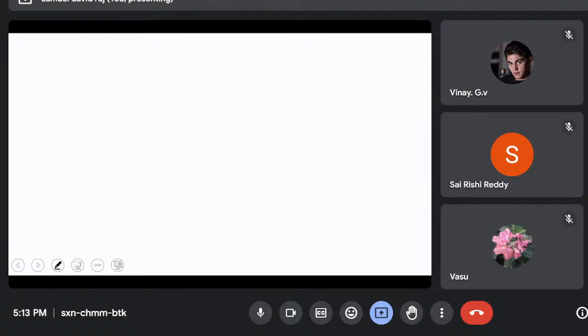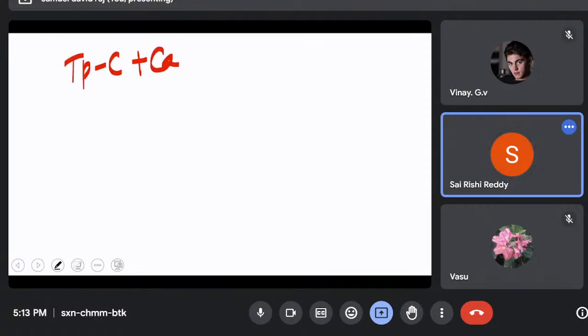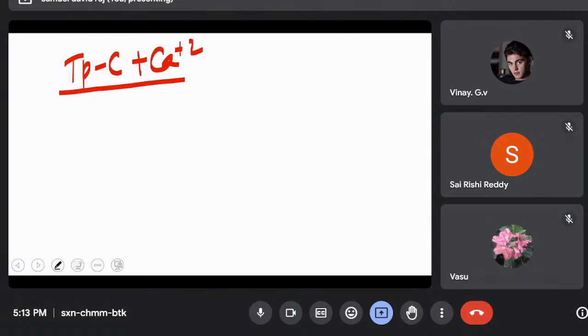Next, what happens after calcium ions are released? The calcium ions bind on the troponin C part. Very good. Calcium ions bind with troponin C only, not TNC. So troponin I is inhibited, troponin T is removed.